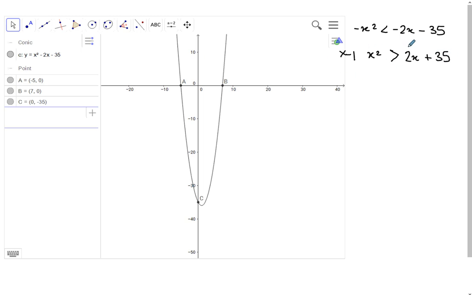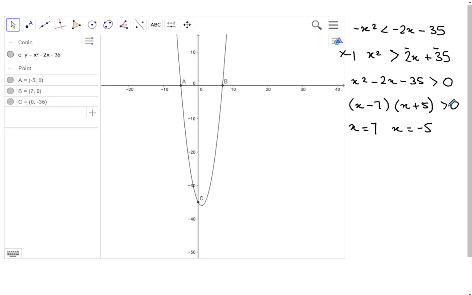And then bring it on to the other side, so you minus that, and you get x squared minus 2x minus 35 is greater than 0. Okay, solve it. You've got x minus 7, x plus 5 is greater than 0, and solving it as if it was 0, x would be 7 or x would be minus 5.